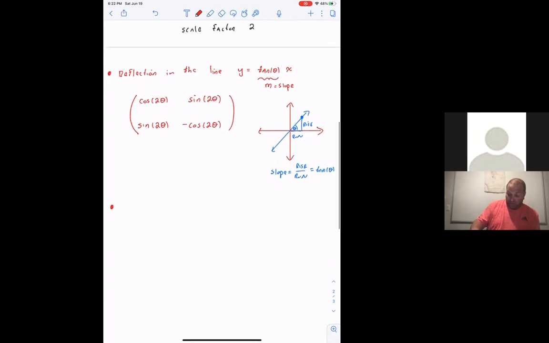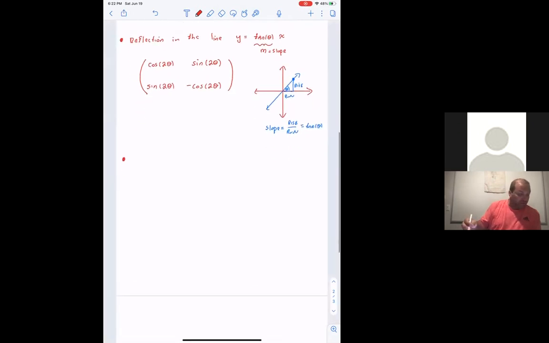Our second of our matrices is a horizontal stretch, or in other words, stretch parallel to the x-axis.